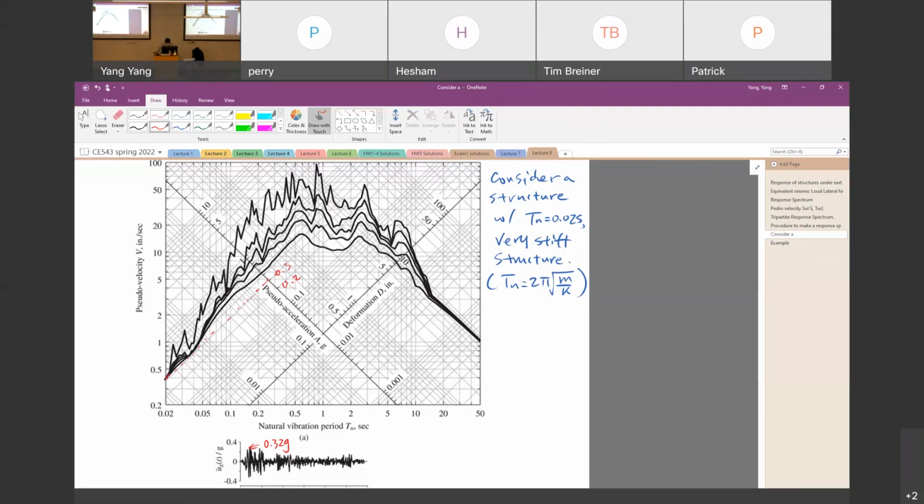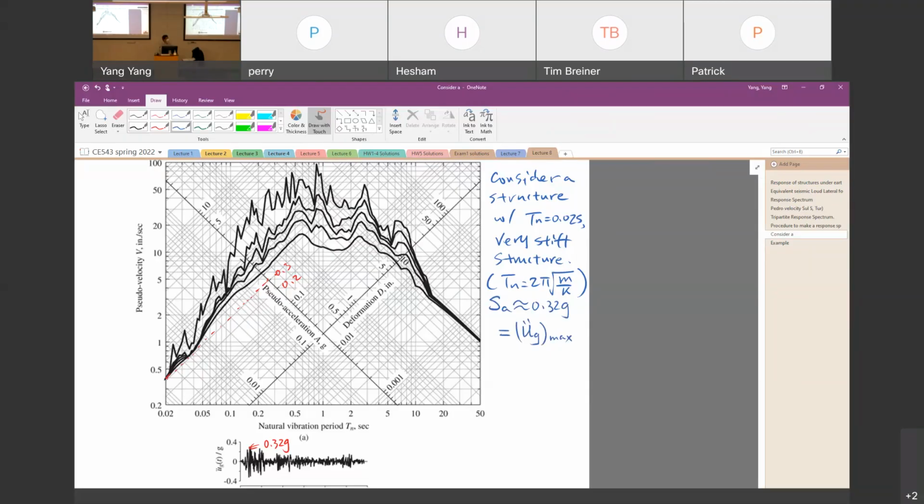It's very close to 0.32, and Sa in this case is about 0.32. That's equal to the maximum acceleration of the earthquake.